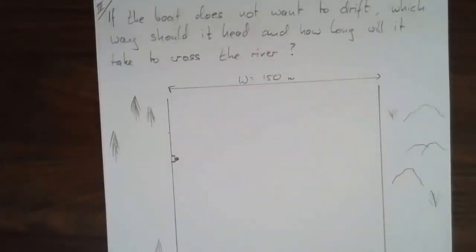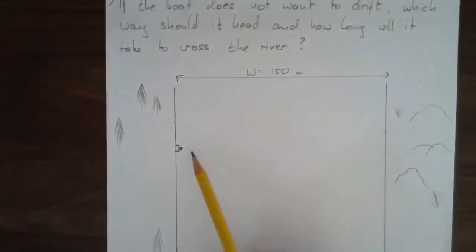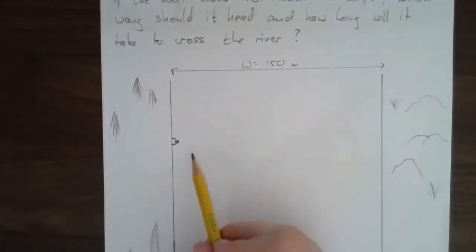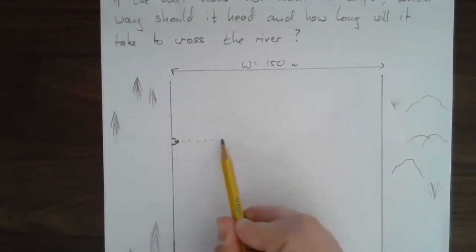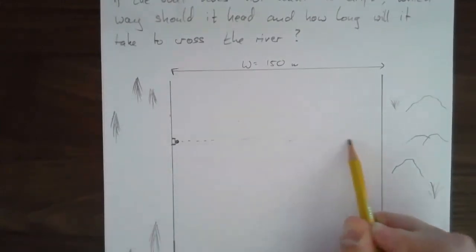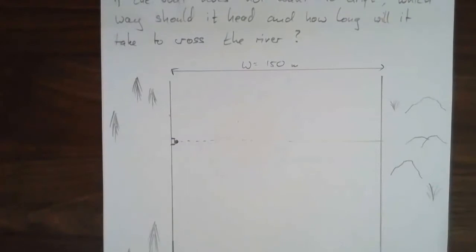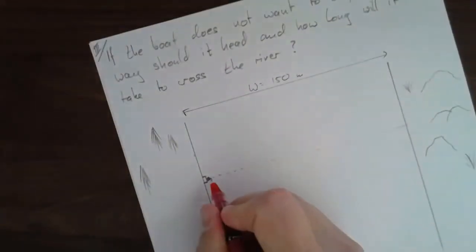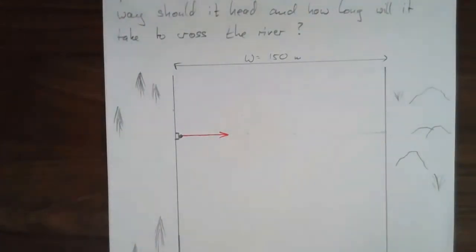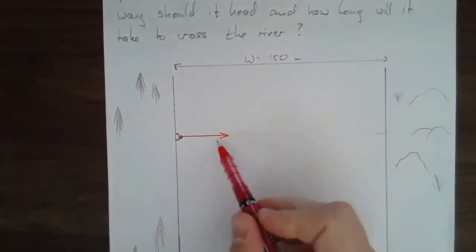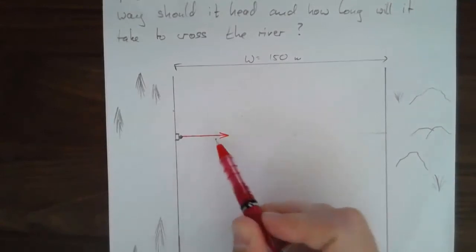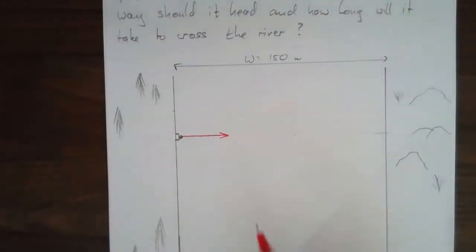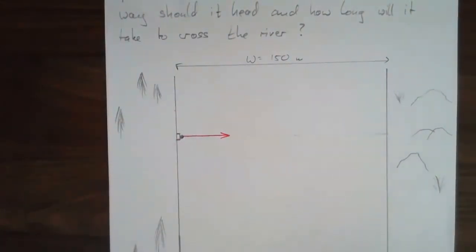And hopefully you'll be able to see why that idea does not work. Let's think about it. So we want to move across, so we want to move in this direction here. We want this to be our overall motion. I want my boat to end up moving like this. So I'm going to draw my arrow that represents the overall motion first. I've been using red, remember, for the actual motion of the boat. As you're looking at it from above, it should be moving this way.